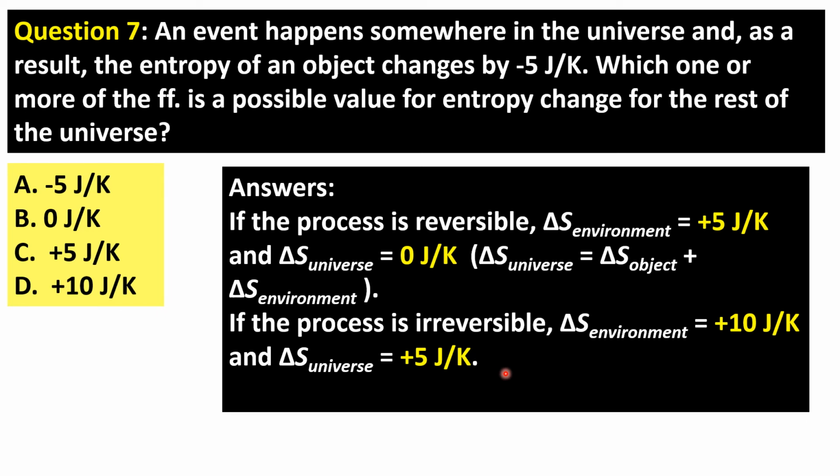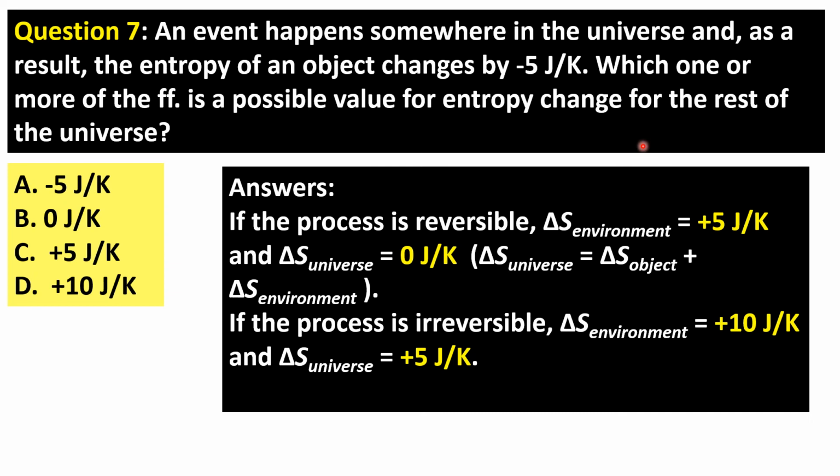So it shows that among the given choices, letter B, C, D look like they are acceptable. We cannot accept letter A because that is already the given delta S for the system. And the question is asking only which one or more of these is a possible value for the entropy change for the rest of the universe.